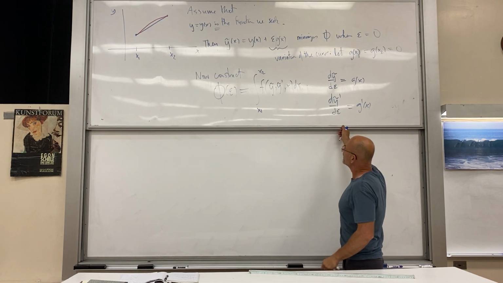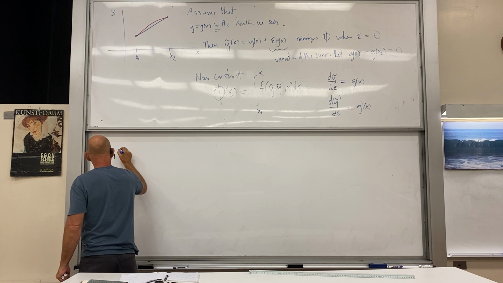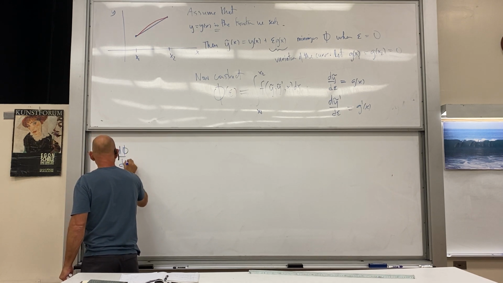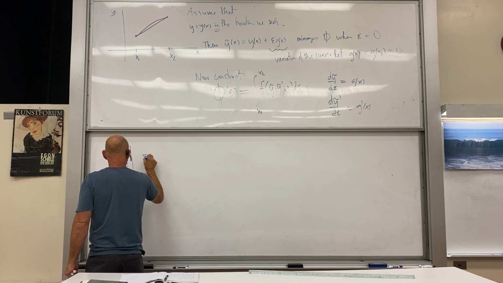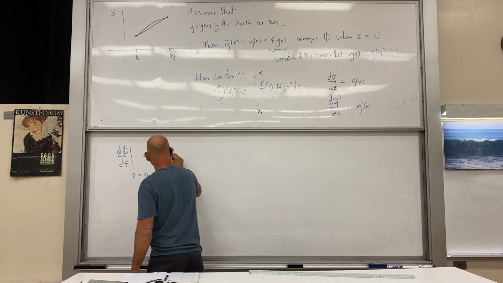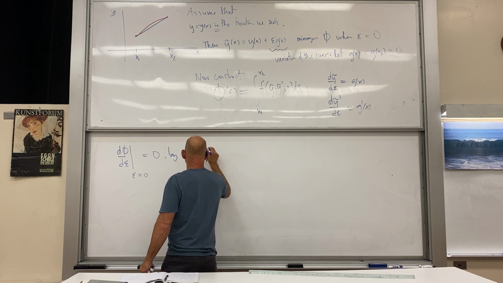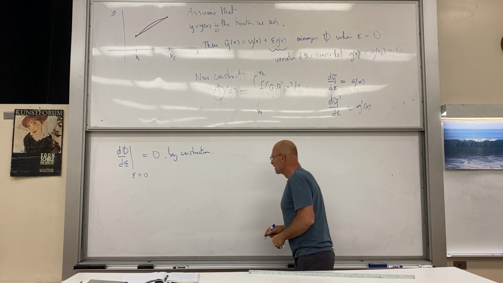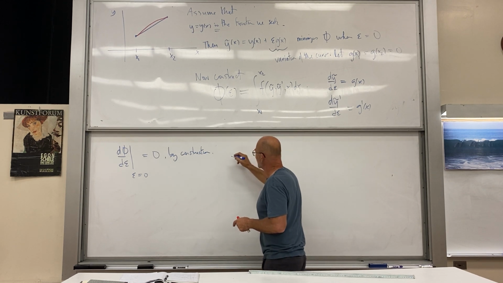Okay, so now we have the situation d phi d epsilon evaluated at epsilon equals 0 is equal to 0. It's right here by construction. So let's go ahead and do that. So here's our expression here.